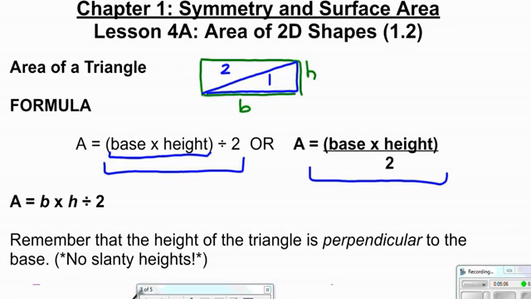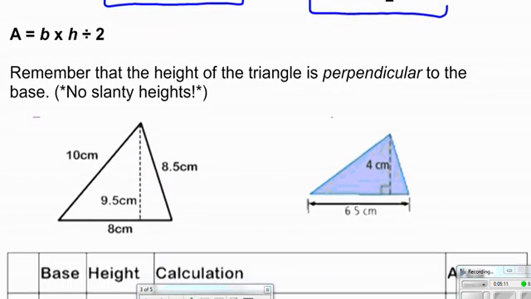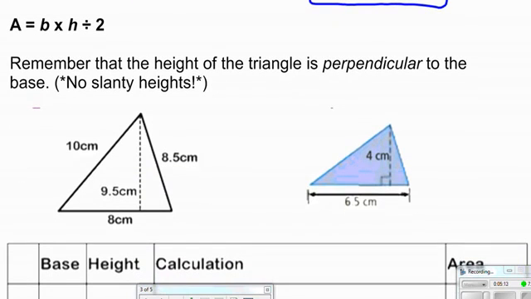Still at school. Okay. When we're looking at these, it's important to keep in mind that we don't use any slanty heights. When someone asks you how tall you are, you don't lean over and say, okay, now you can measure how tall I am. We always want to use the base and height that are perpendicular to each other. So they're at 90 degrees.